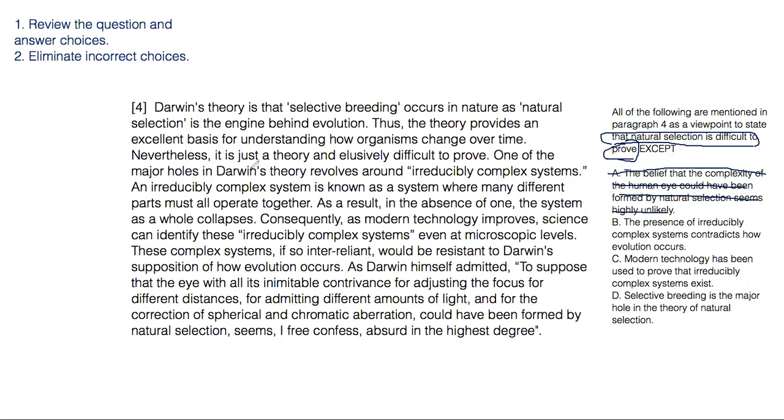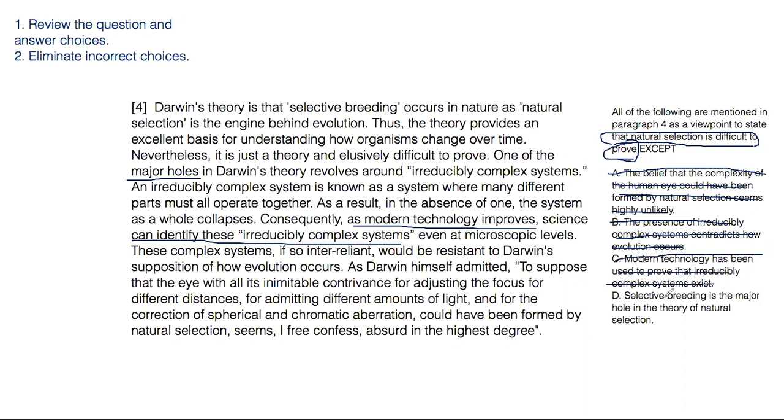So as this is described as a major hole in his theory, then we can eliminate answer choice B because it is used to contradict how evolution occurs. Now let's take a look at answer choice C. Modern technology has been used to prove that irreducibly complex systems exist. Well, we've got that right here. Modern technology can identify these systems. So we can therefore eliminate answer choice C.